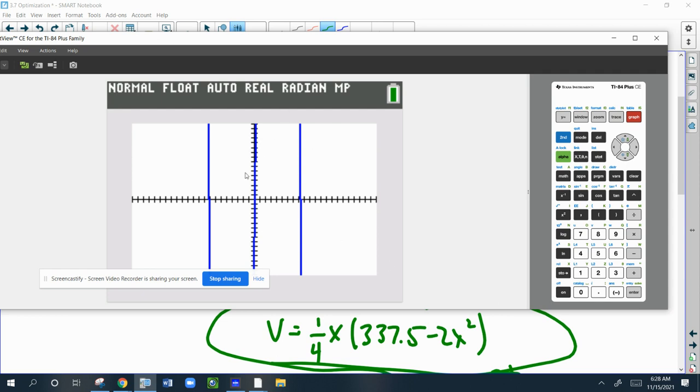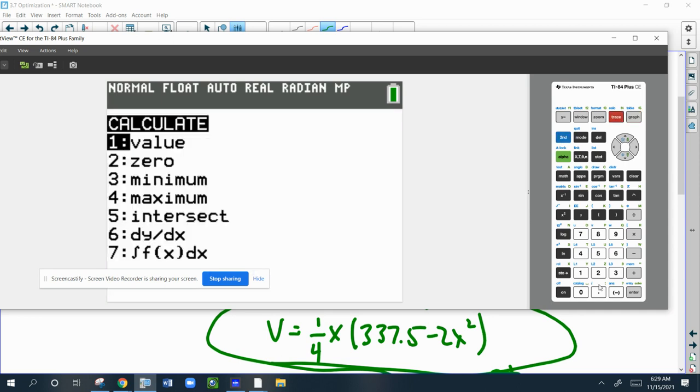It's a negative cubic graph, so it is starting up, going back up, and ending down. So the maximum, if you can see my clicker, is up here somewhere. You can zoom out if you'd like to have a better view, but here we go.